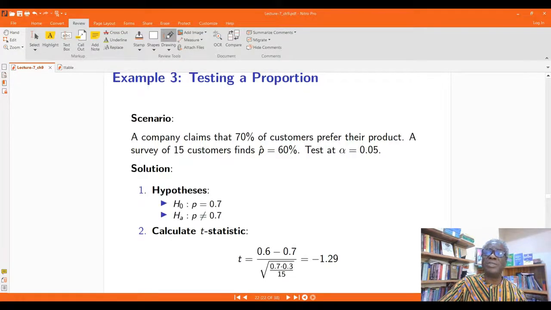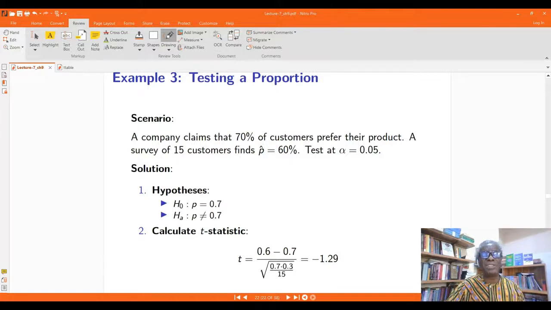In other words, if we want to take a decision, we want to be 95% confident, that's what alpha is saying there, and 5% doubtful.